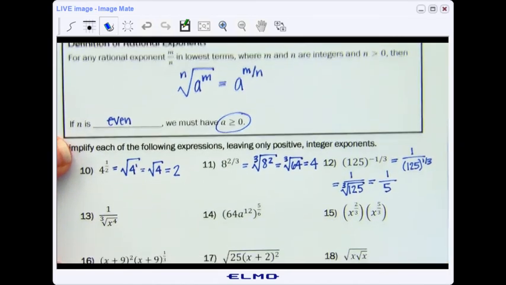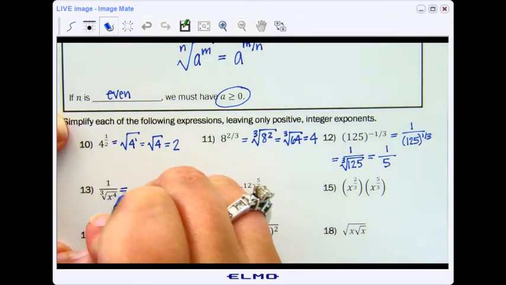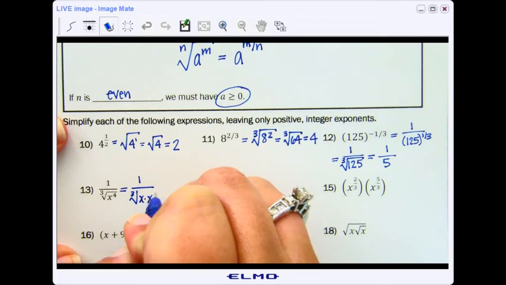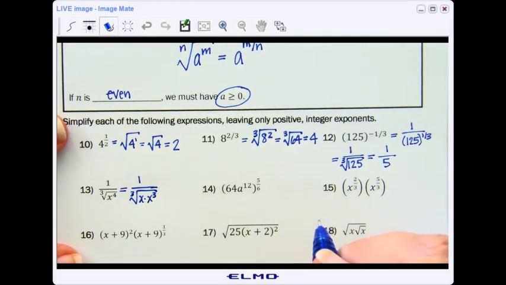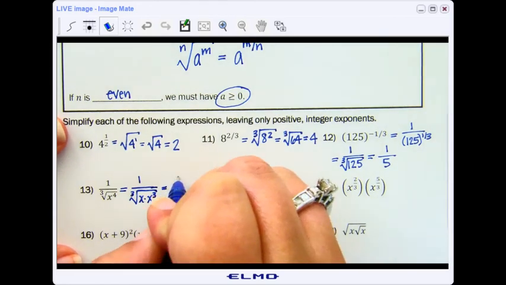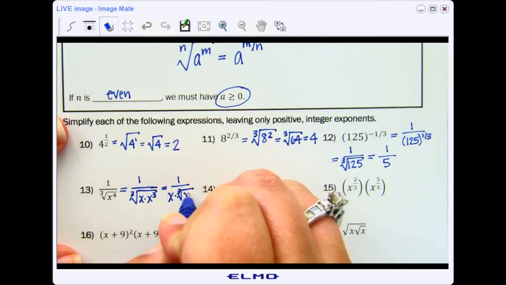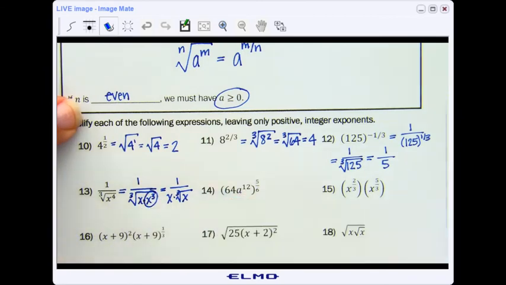And number 13, we have 1 over the cube root of x to the 4th. So this will be 1 over the cube root of x times x cubed. x cubed is a perfect cube, so this is 1 over x times the cube root of x, when I take the cube root of x cubed.